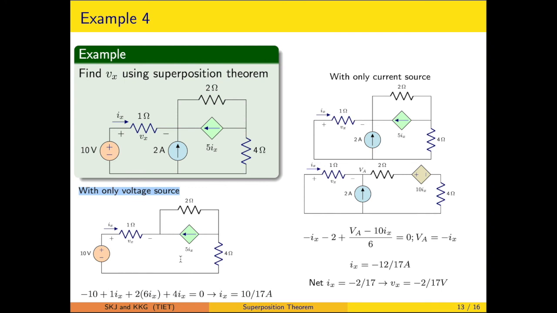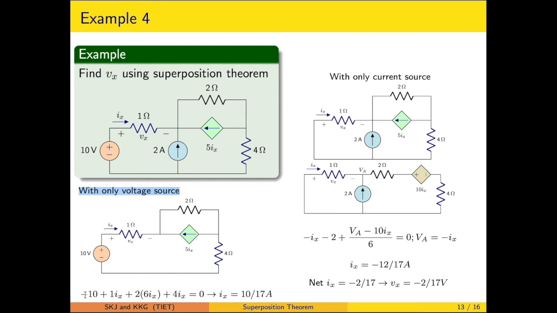To find the equation, we have a KVL equation around this loop. This is a current source, it is injecting 5Ix here, with Ix directed likewise. So the current through the 2 ohm resistor will be 6Ix, with a polarity such that the left terminal will be positive and the right negative.